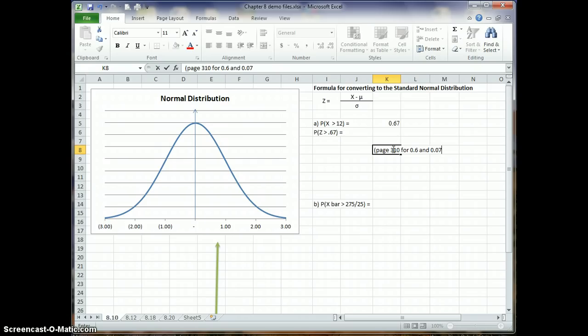So we go first on the row to 0.6, and then we go over to 0.07, and we get 0.7486.